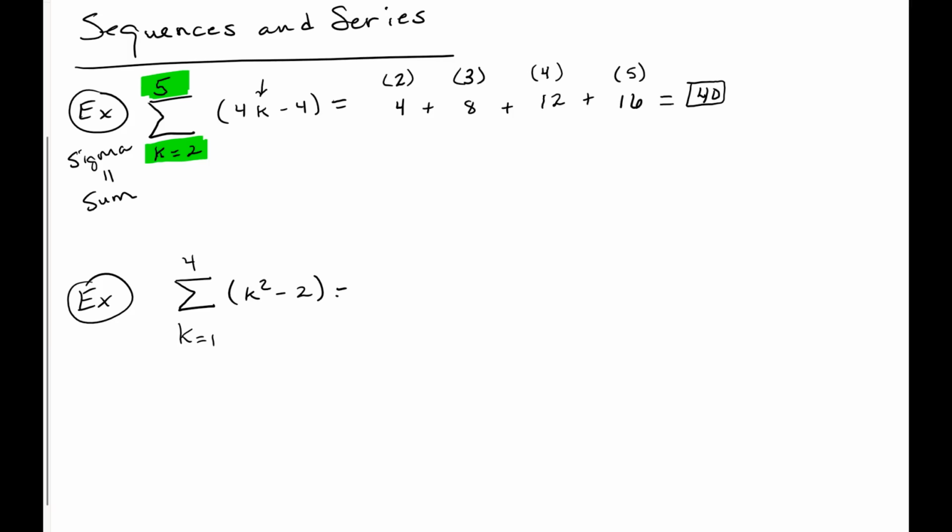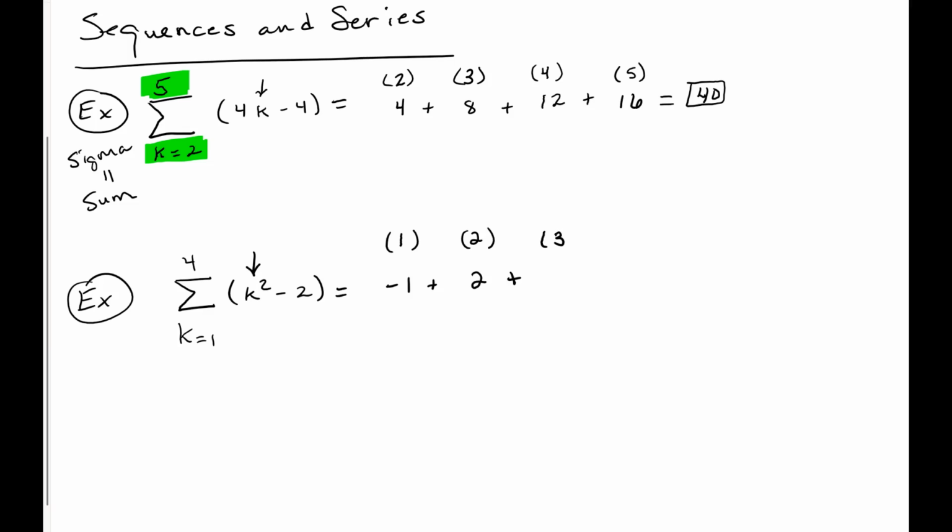So let's take a look at another one. This one goes from 1 to 4. So we're going to plug in 1 in for k right here, and we're going to square it. 1 squared minus 2, that's 1 minus 2, which is negative 1. Now we're going to plug in the number 2. That's 2 squared, which is 4 minus 2, which is 2.